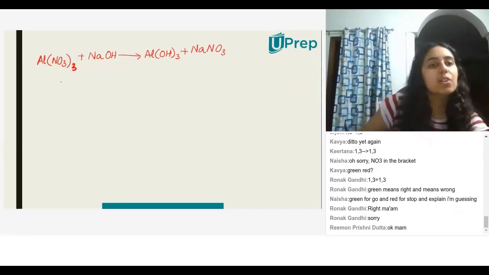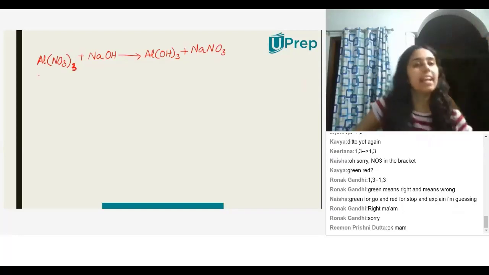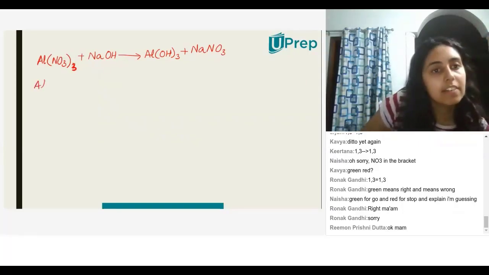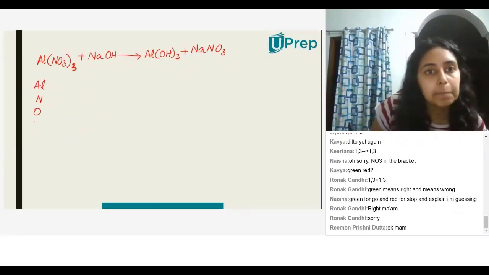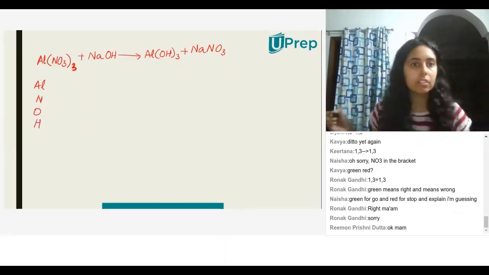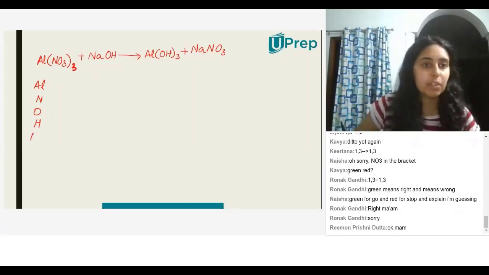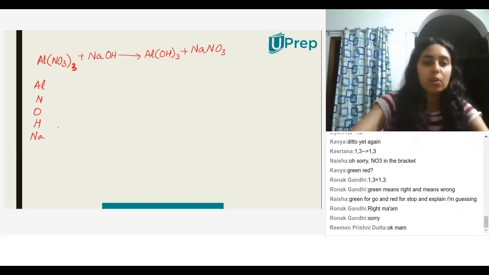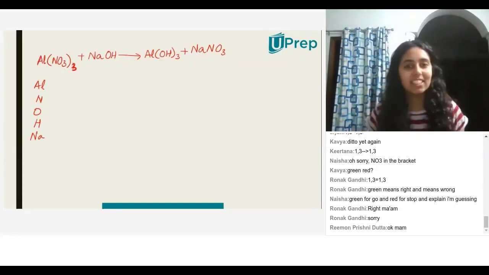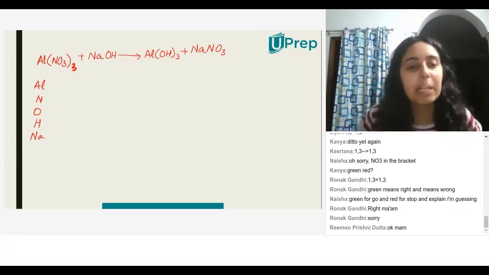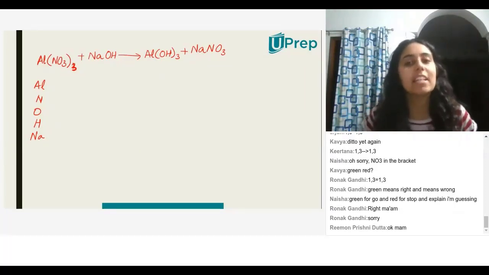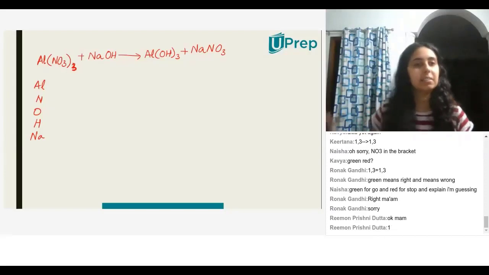I'm just going to list down all the elements: aluminum, nitrogen, oxygen, hydrogen, and sodium. Yes, I missed sodium out. Can you tell me how many aluminums there are on the left-hand side? 1.